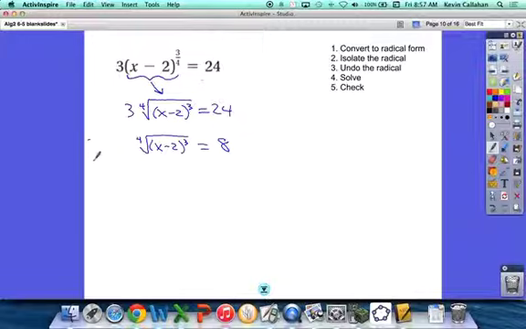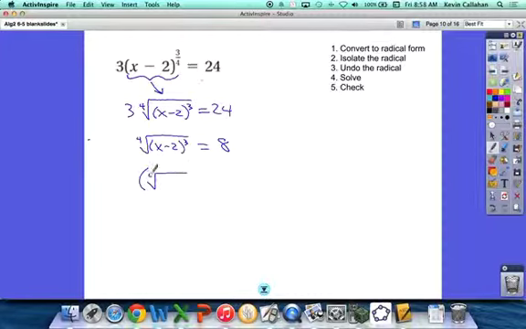Okay, how do you undo a 4th root? Remember, for a square root, we squared both sides. For a cube root, we cubed both sides. For a 4th root, we raised both sides to the 4th power. I thought I heard you say take the 4th root.